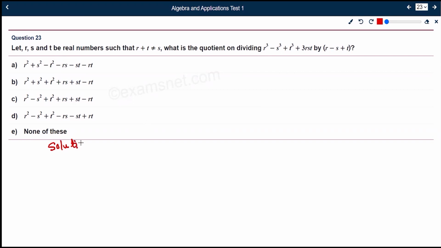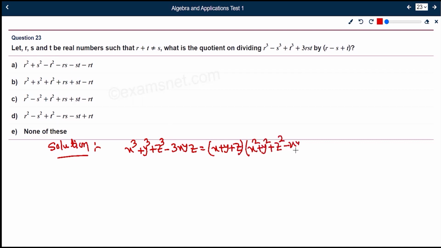But before solving this sum, I would like you to remember one of the most important identities: x cube plus y cube plus z cube minus 3xyz equals x plus y plus z multiplied by x square plus y square plus z square minus xy minus yz minus zx. Okay, we are going to use this result in the given sum.